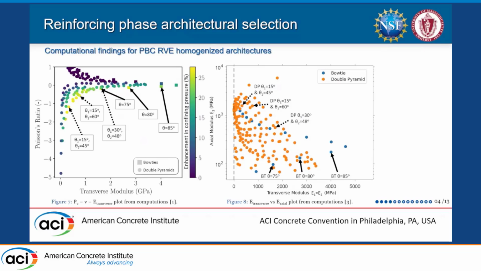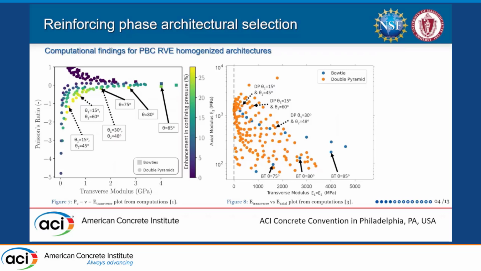So from this study, we found these results for the Poisson's ratio, and the axial moduli and the transverse moduli here for a variety of different architectures with different characteristic angles. And we selected 6 architectures. We selected these 3 for the double pyramid architectures, and these 3 for the bow tie architectures.